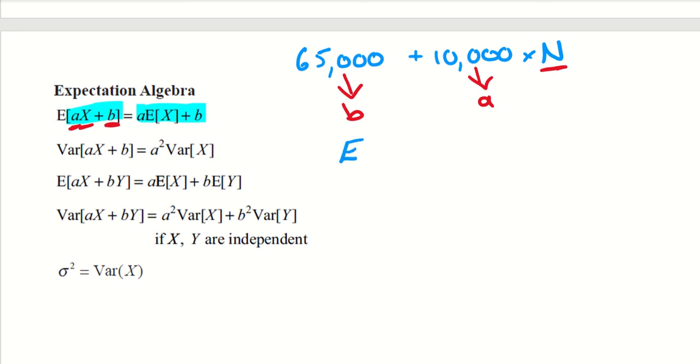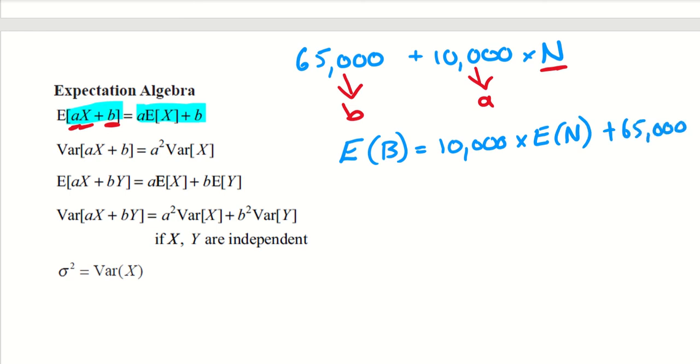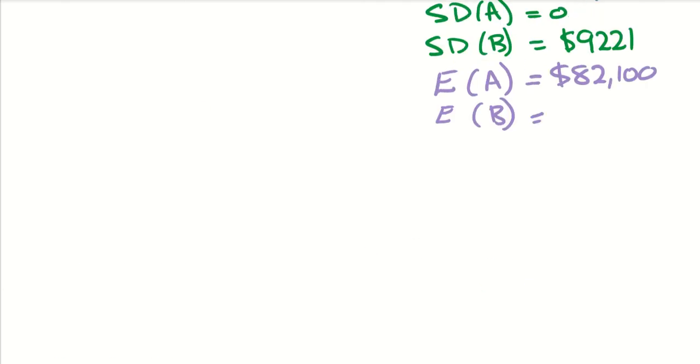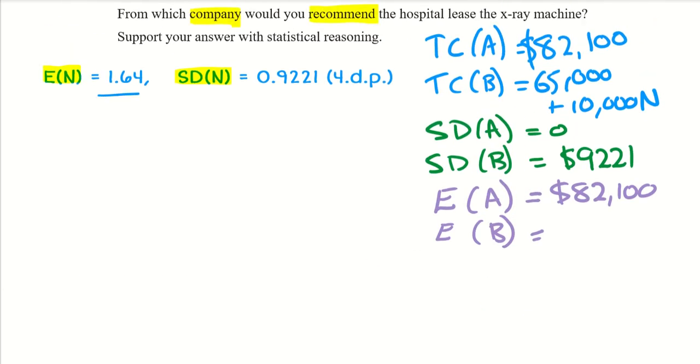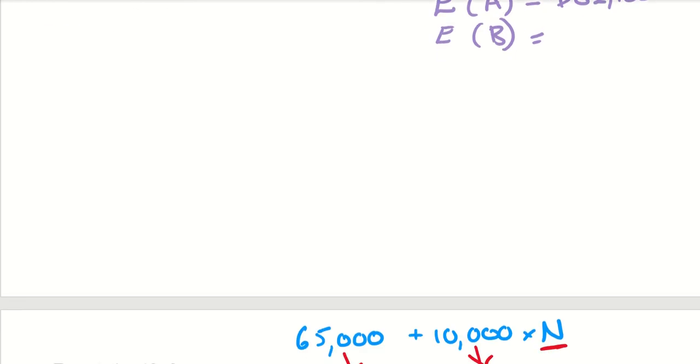The expected cost for company B is the A value, 10,000, times the expected number of repairs per year, plus the 65,000 B value. So we have our 10,000 times the expected number of repairs we found in the first part of the question, which was 1.64.